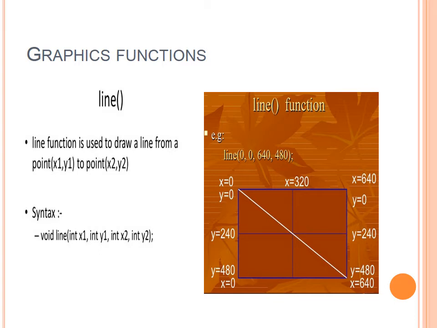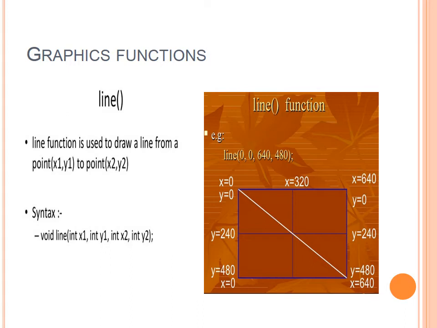As we see in the image, for example, line(0, 0, 640, 480); give the semicolon. Here the x1 value is 0, y1 value is 0, x2 value is 640 and y2 value is 480.